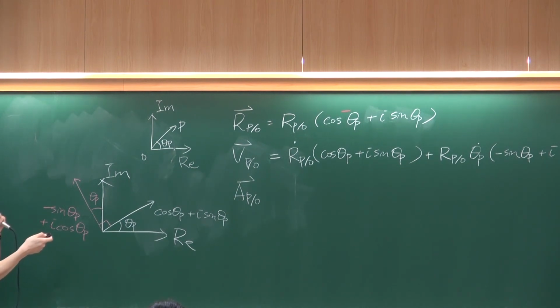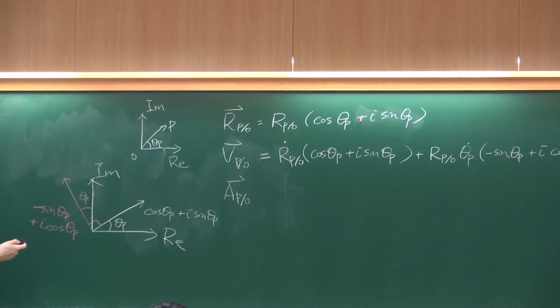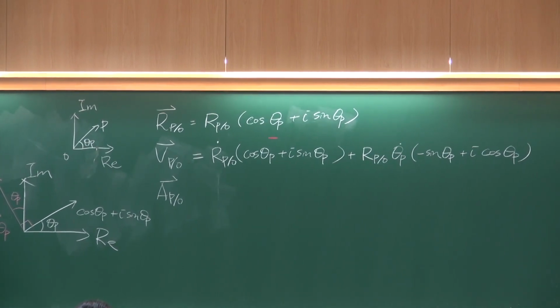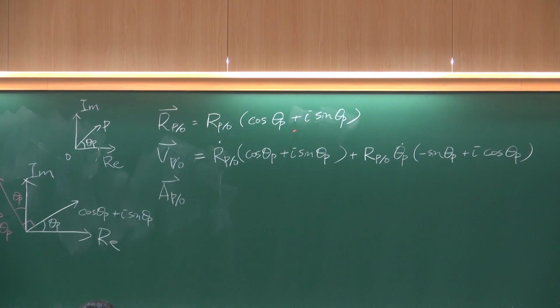And maybe this theta is changing, so you keep RPO and differentiate this part. You will get theta p dot times minus sine theta p, since the differentiation of cosine is minus sine, plus I cosine theta p, since the differentiation of sine is cosine.